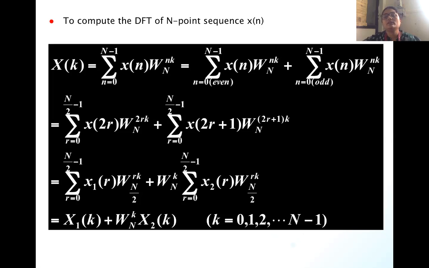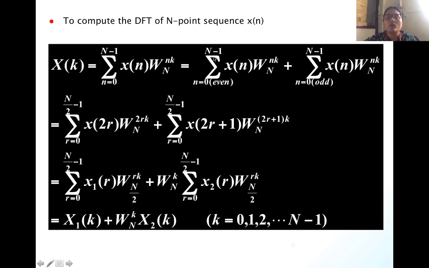So here you can see the summation n varies from 0 to n minus 1, because we have collected even values throughout the sequence: x of n, w raised to nk suffix N, because this is an n point sequence, plus summation where n varies from 0, now talking about the odd sequence, to n minus 1, x of n, w raised to kn suffix capital N.